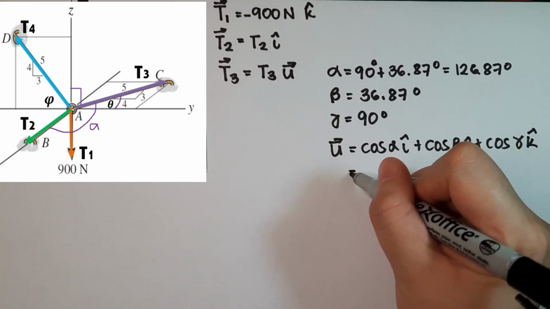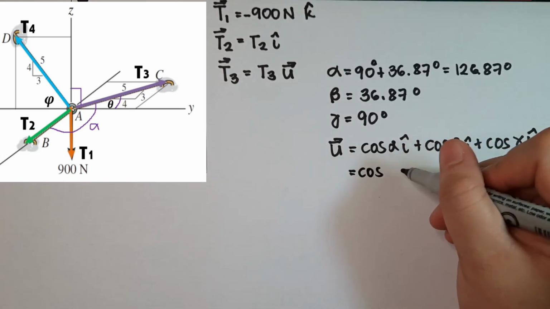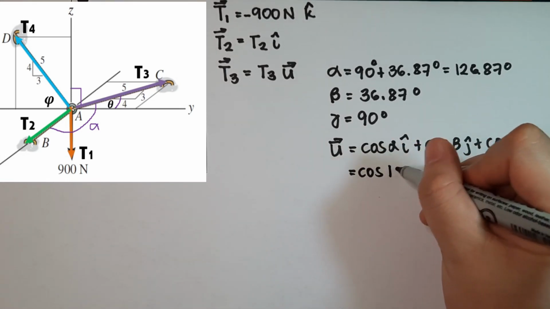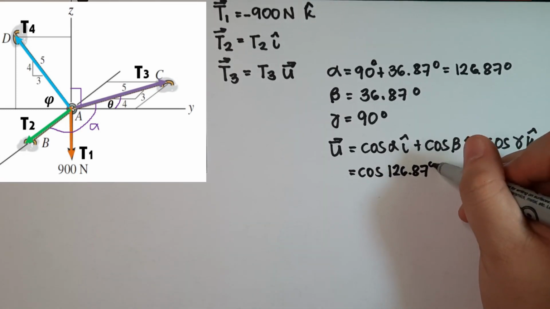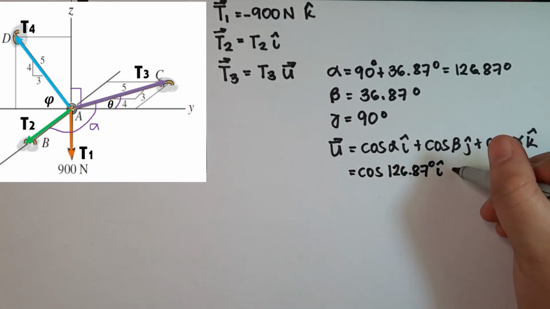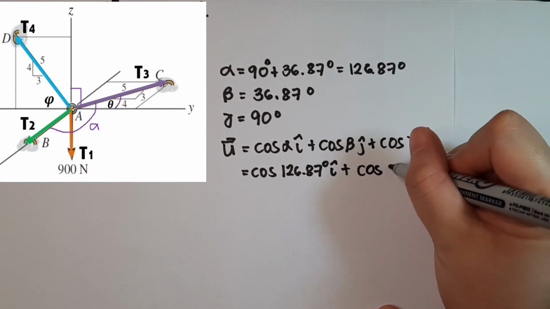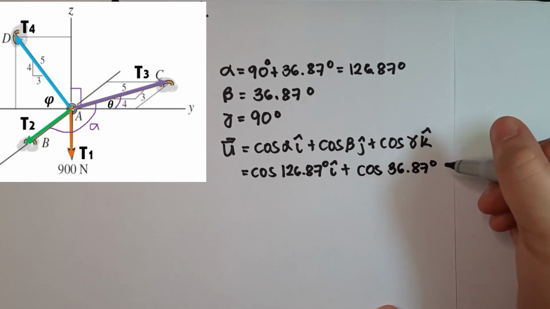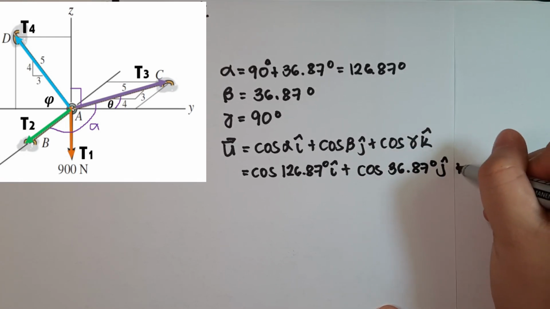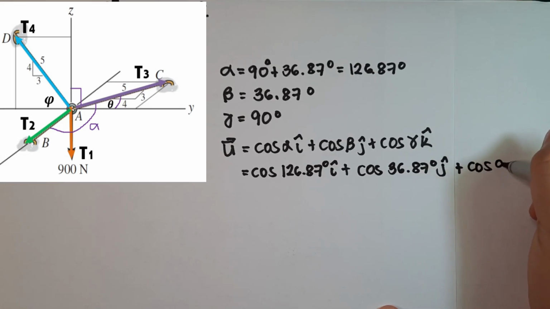That will be cosine 126.87 degrees i hat plus cosine 36.87 degrees j hat plus cosine 90 degrees k hat.